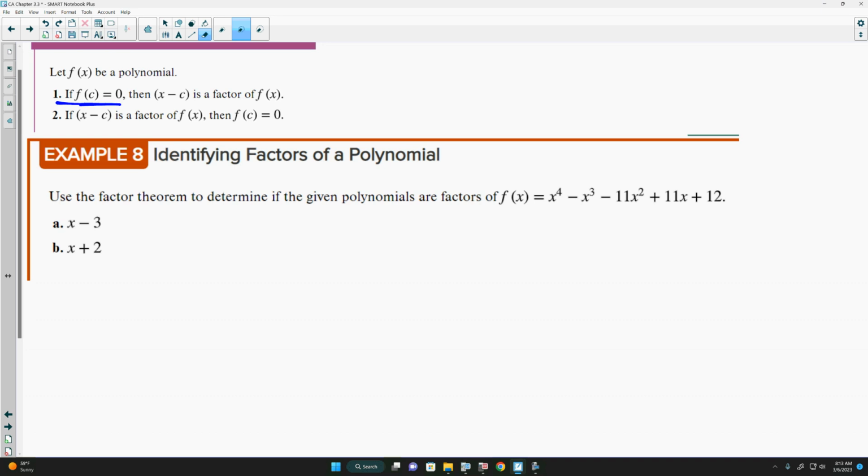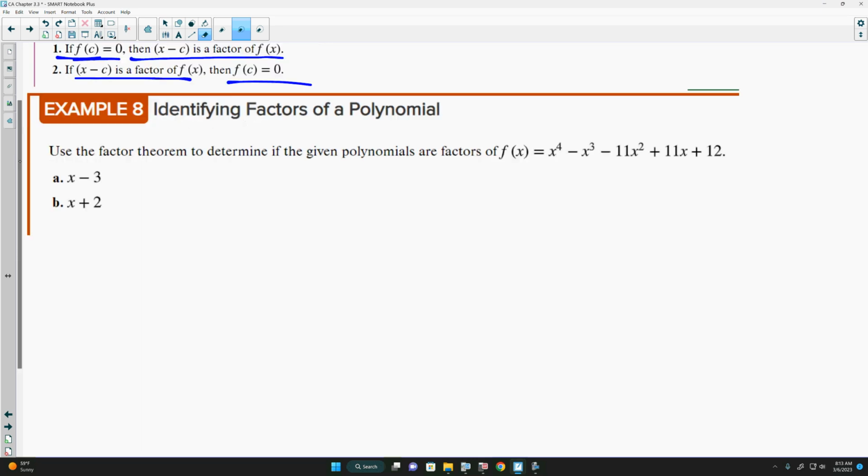And if it's a solution, it means x minus c, if we solved it like we were doing as a side step at the last ones, then it's going to be a factor. And if it is a factor, then it has to be a solution. If we have one, we have to have the other.